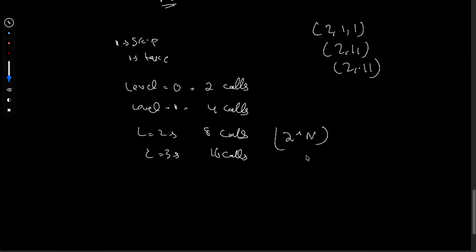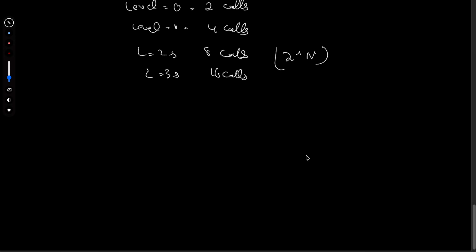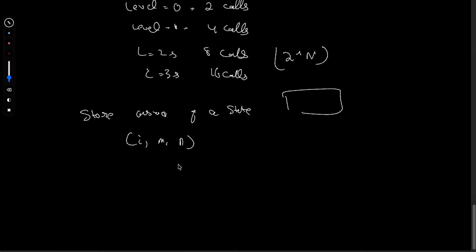In memoization, we store the answer of a state, like i, m and n. If we solve it once, we store the answer and just return the stored value, so there is no recalculation.